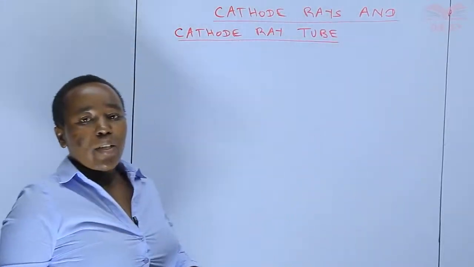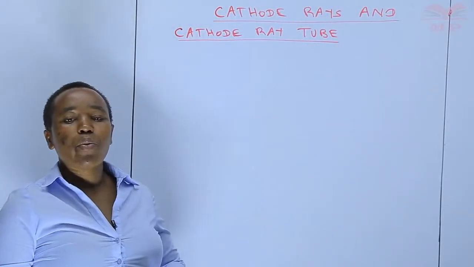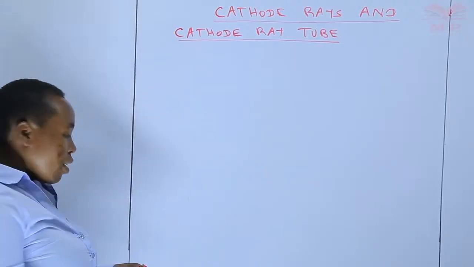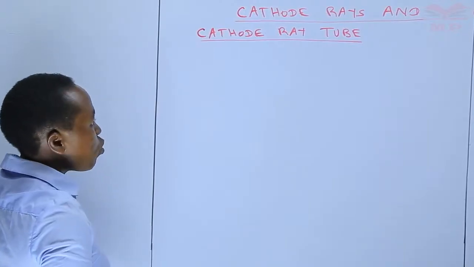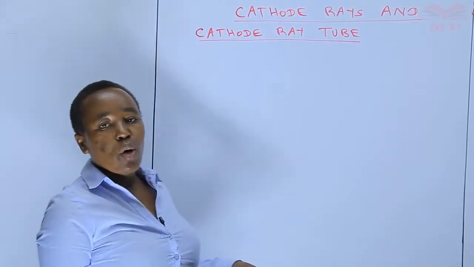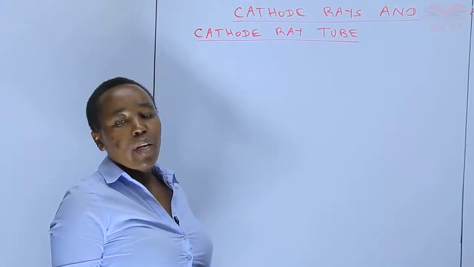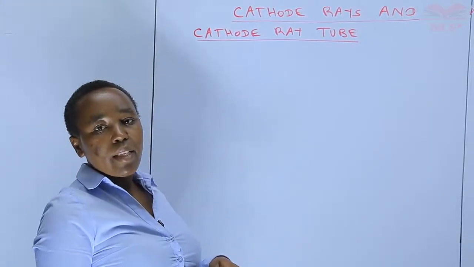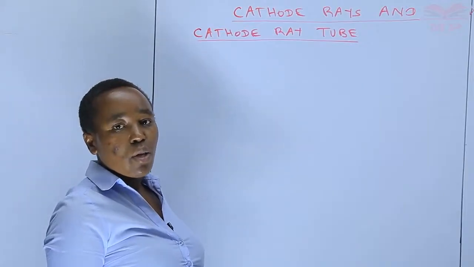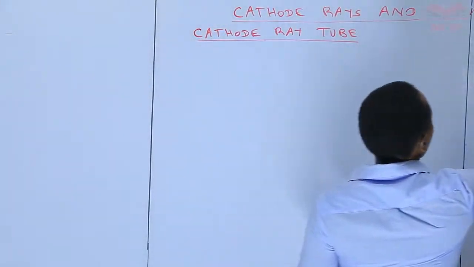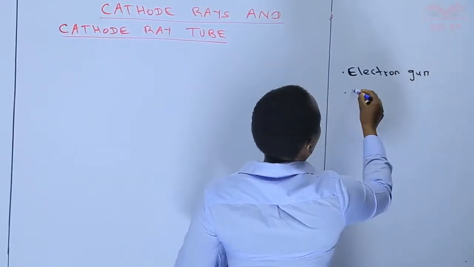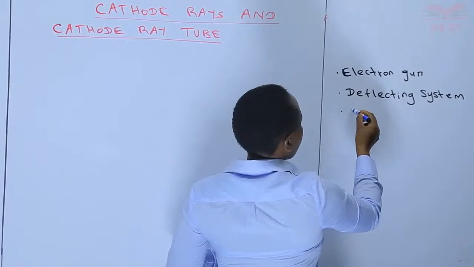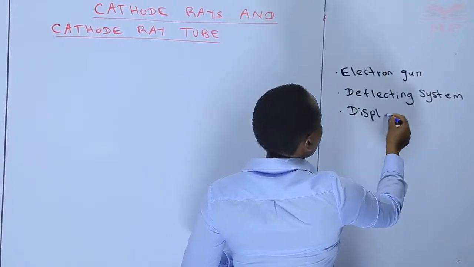During our previous lesson, we looked at the parts of a cathode ray oscilloscope, and we were able to know that a cathode ray oscilloscope is used in the production of cathode rays. We saw the three major parts of a CRO: the electron gun, the deflecting system, and the screen or display system.